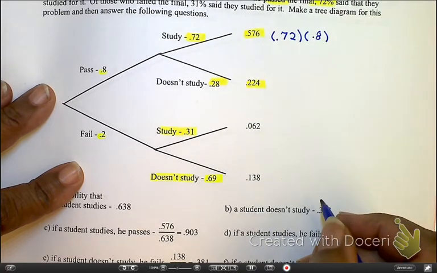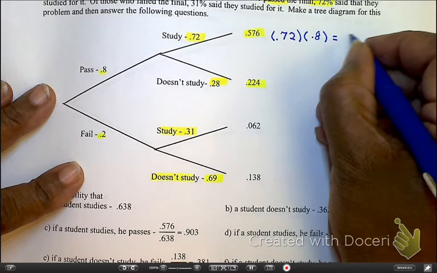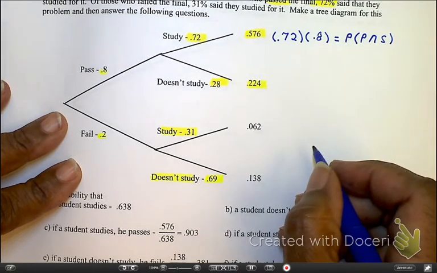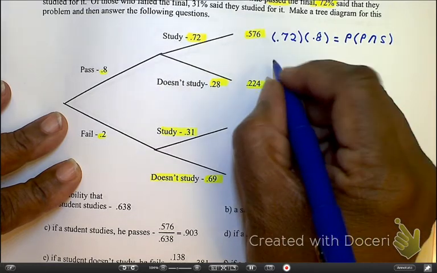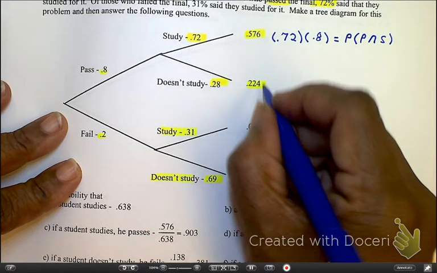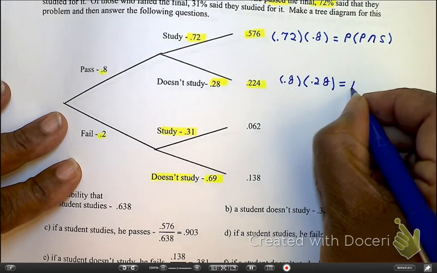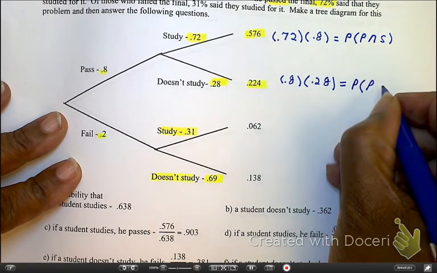Please also understand that this is the probability of passing and studying. Here, this is 0.8 times 0.28, and this is the probability of passing and study not.